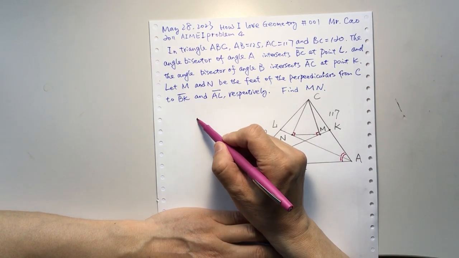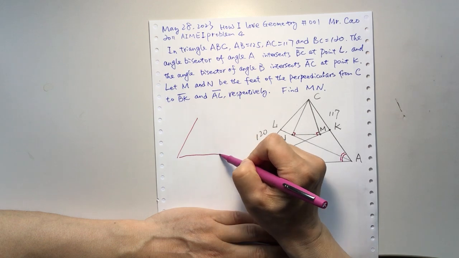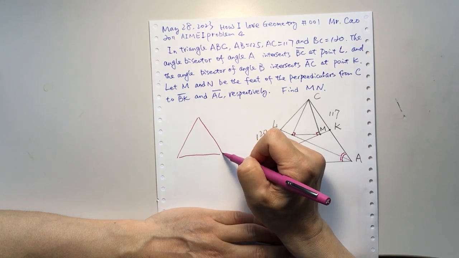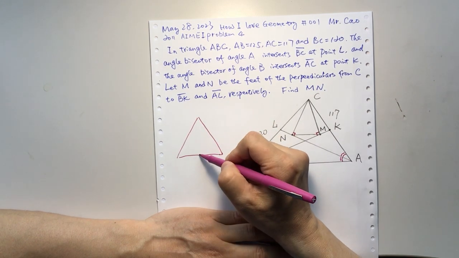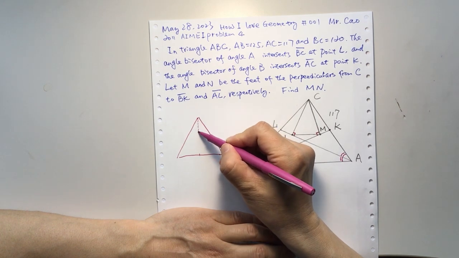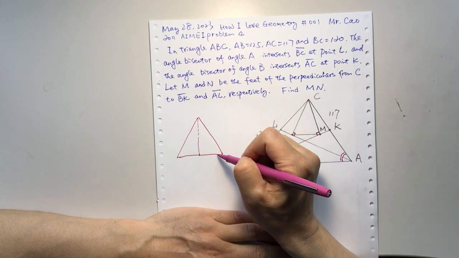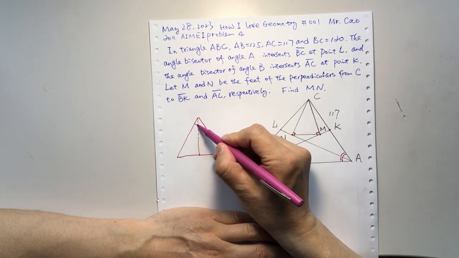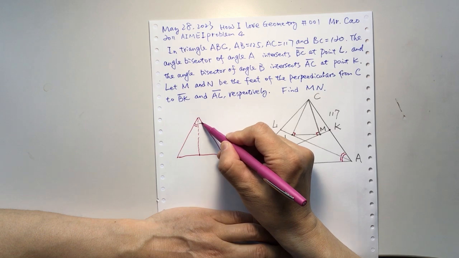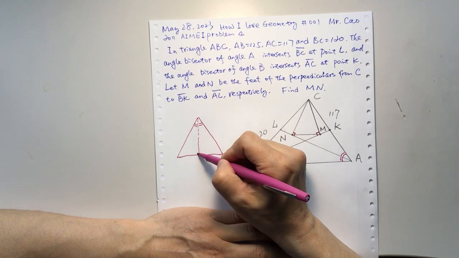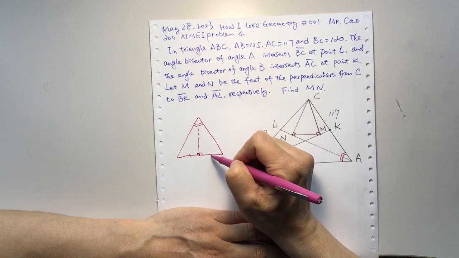Look here: this is the angle bisector, and this is the perpendicular, right?